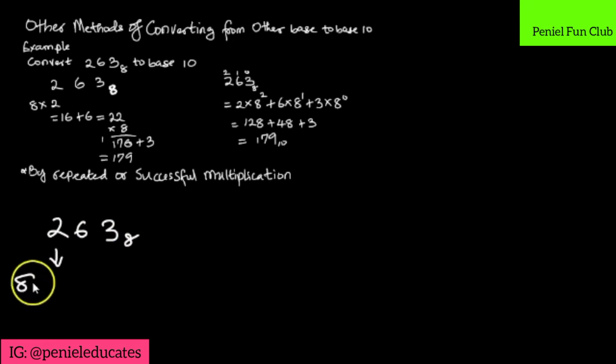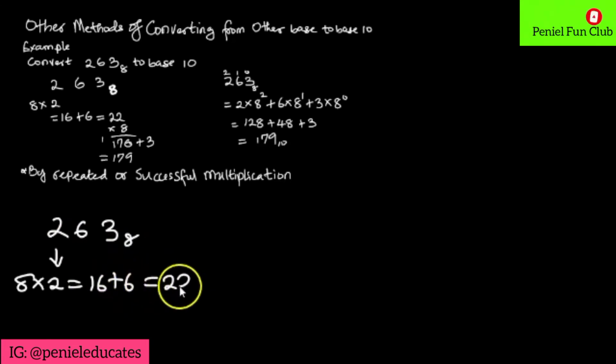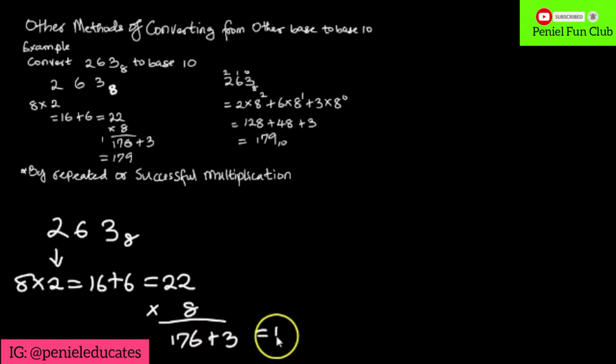We put base 8, multiply by the first digit, that's 2. It's going to give us 16. Then we add the second number, which is plus 6. That's 22. Then we multiply the result by 8, and that will give 176. Then we add the last number, plus 3, which will give 179. That's base 10.